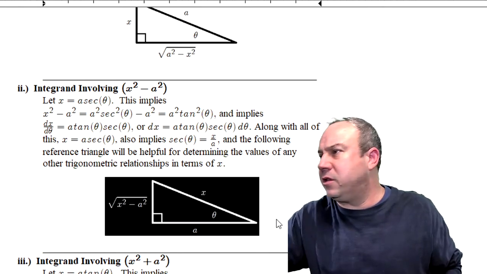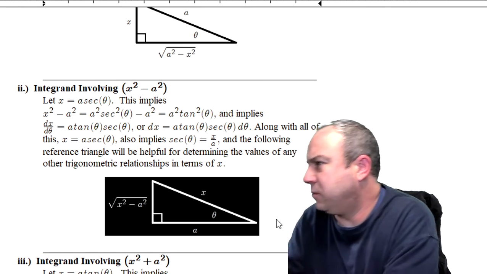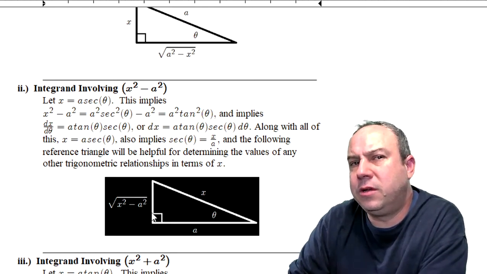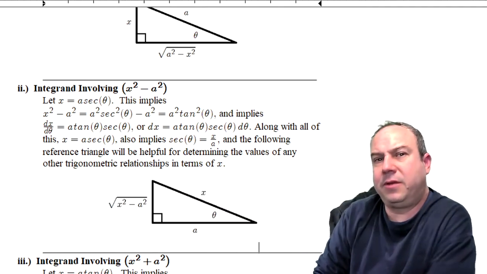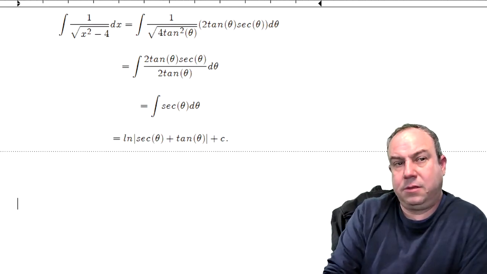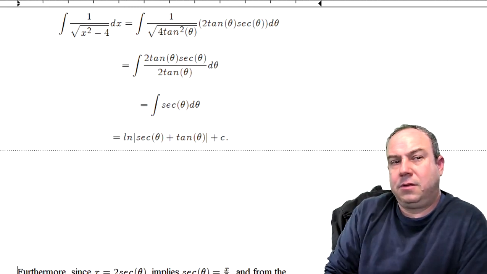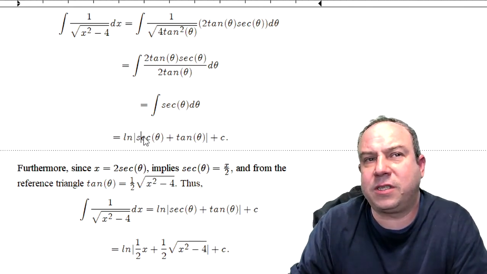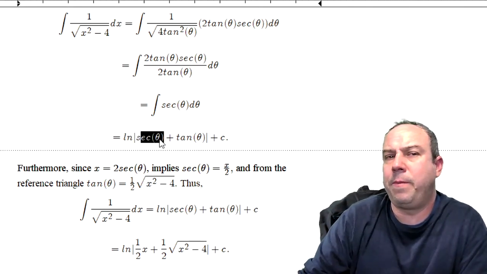That is where this reference triangle comes in. We have one for our case where a is 2, right, in the setup. So what I say down below here, the secant theta, since x equals 2 secant theta, we know this is automatically going to become x over 2.